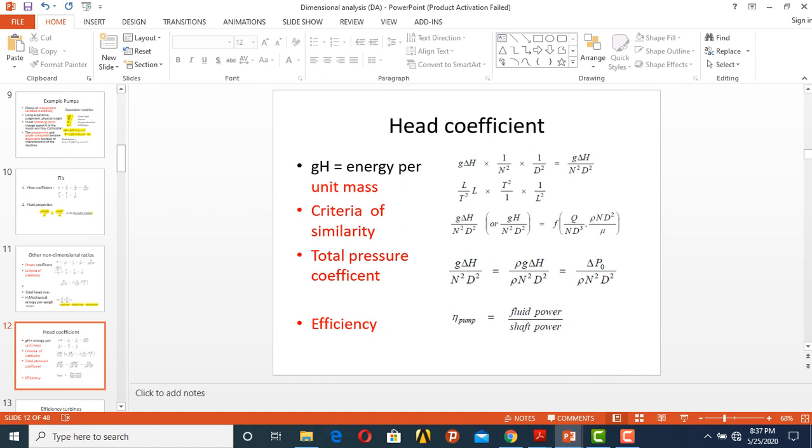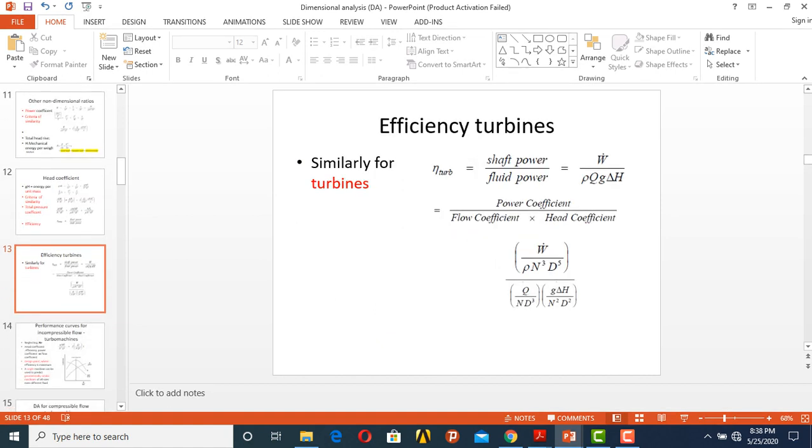So the energy coefficient is represented by this. This is achieved by using the Buckingham Pi theorem, as I analyzed in class. Here I can't analyze; I've got no writing pad to show you how to come up with this. But this is the energy head coefficient. The criteria was shown in class.